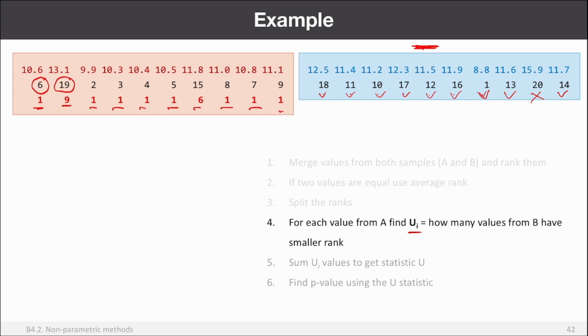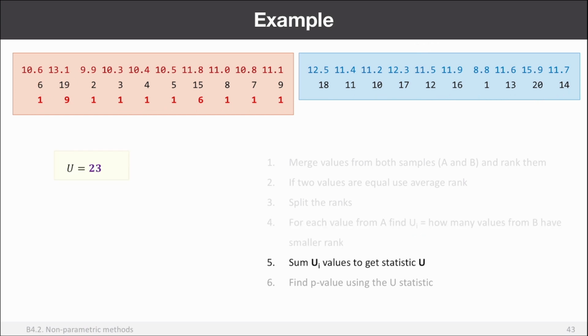Okay. After that, we simply take a sum. Again, sum. You remember sum of ranks and so on. So we're going towards the normal distribution again, right? So this is our statistic. The sum of these counts is 23. Now we need to find a p-value, but we can find a p-value only if we know which distribution this particular statistic follows, and also how to compute, for example, the parameters of this distribution.